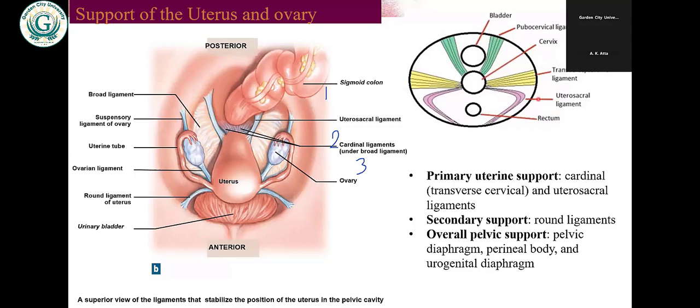So when you're looking at the uterine supports, the primary uterine support is the cardinal ligament and the uterosacral ligaments. Of course, secondary support will be the round ligament of the uterus. Then you have overall pelvic supports. I mentioned the perineal body, and I also mentioned the pelvic diaphragm.